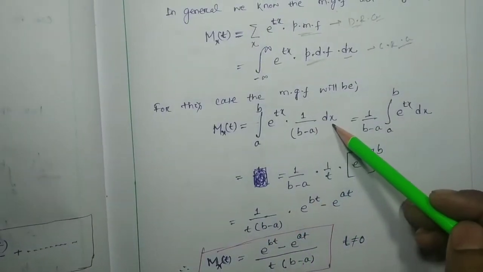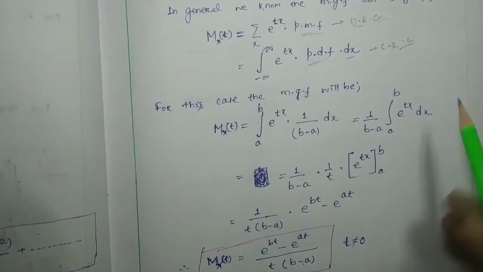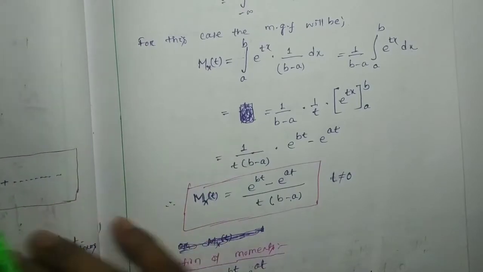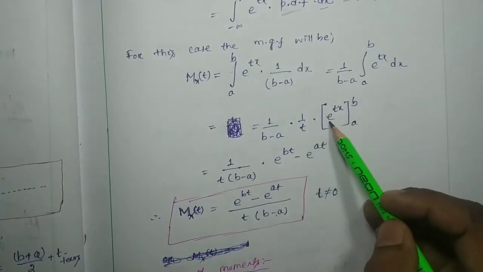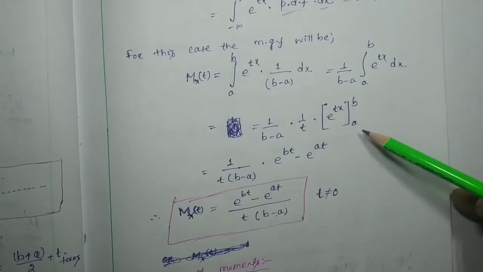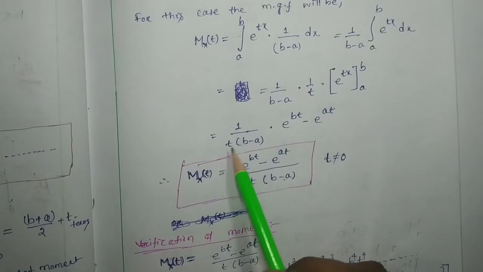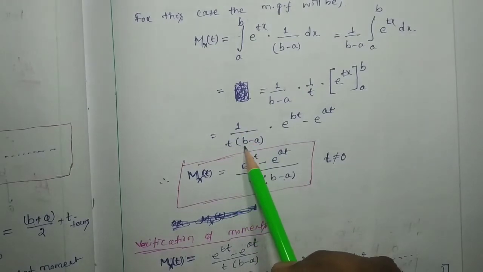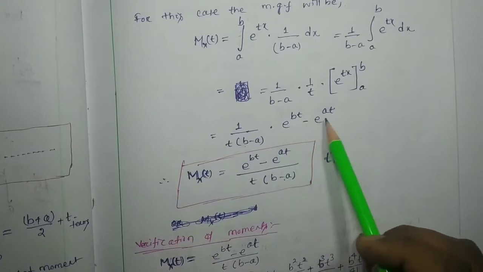So 1 by (b minus a) is taken outside, integral a to b of e to the tx dx, a very simple integration. The integration of e to the power tx is 1 by t into e to the power tx, with limits a to b. We put in the limits and get 1 by t into (b minus a) into e to the power bt minus e to the power at.